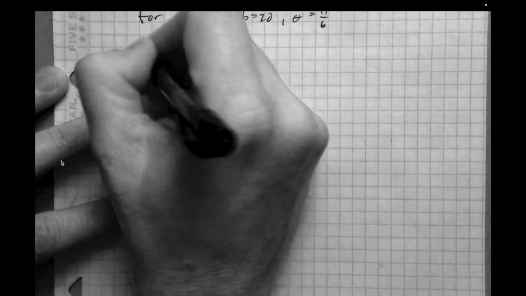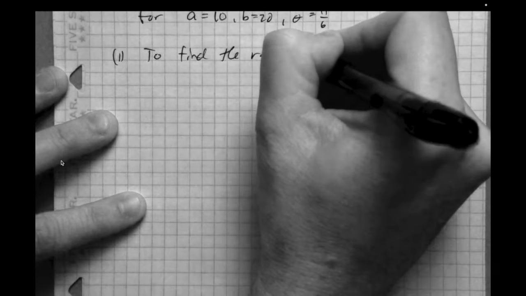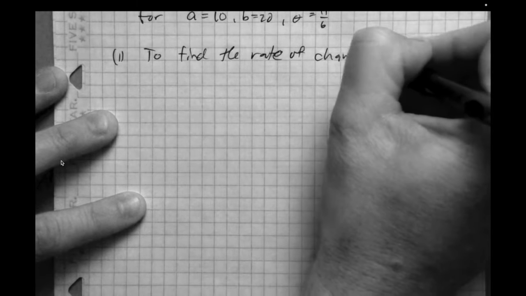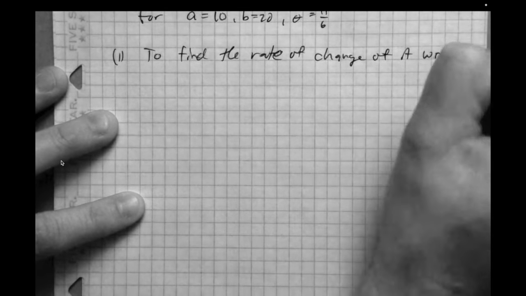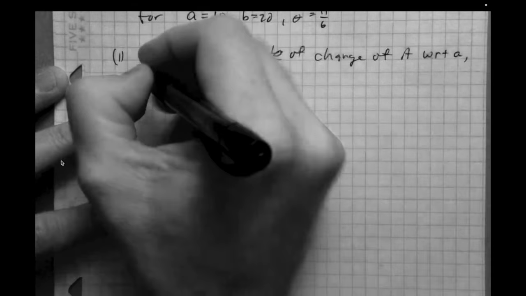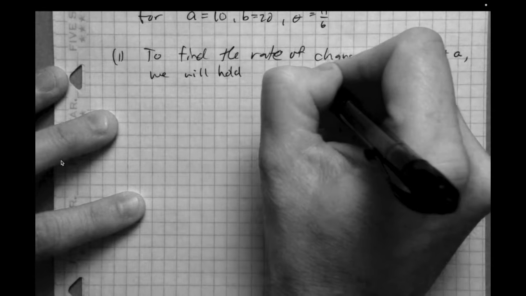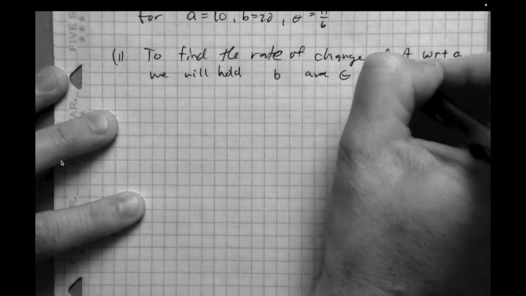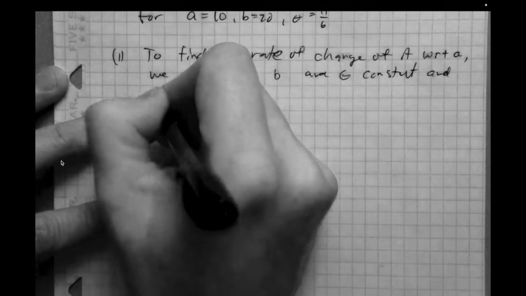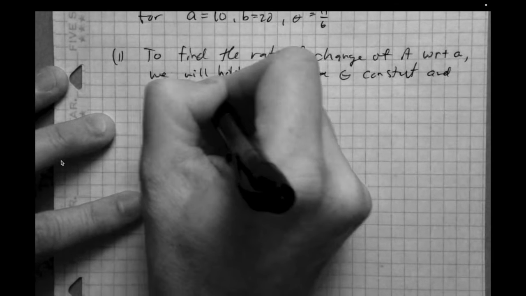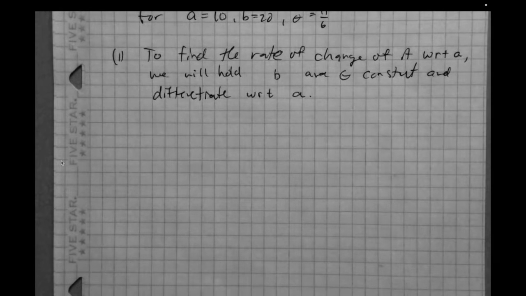Okay, so let's see here. To find the rate of change of the area, big A, with respect to little a, what are we going to do? Well, we will hold b and theta constant and differentiate with respect to little a. Okay, so what does that amount to?